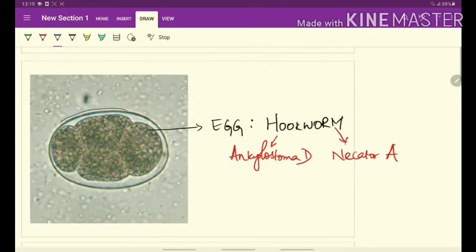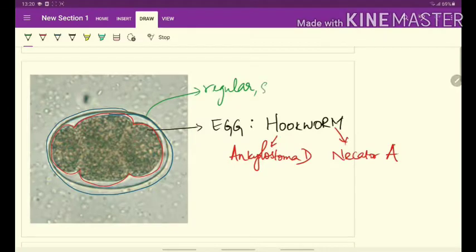This is the outer membrane and this is the inner membrane. The outer membrane of the egg is regular and smooth, whereas the inner membrane is irregular.